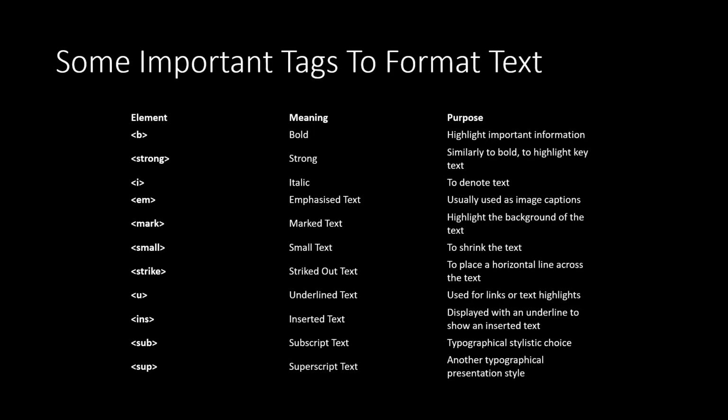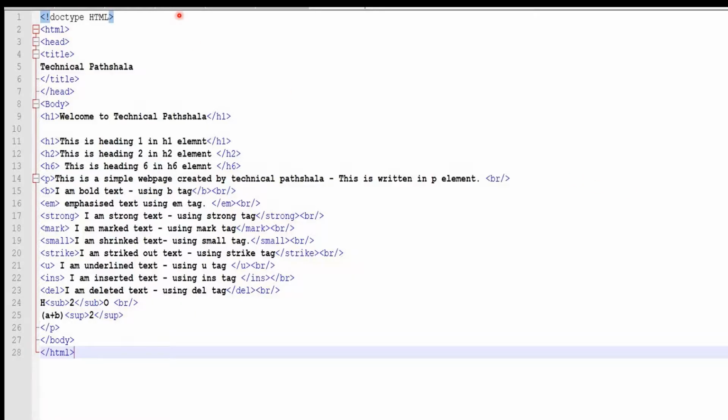So next slide. In this sample HTML page code, I tried to include all important text formatting tags, like H1 to H6. For headings, we use H1 to H6 tags.